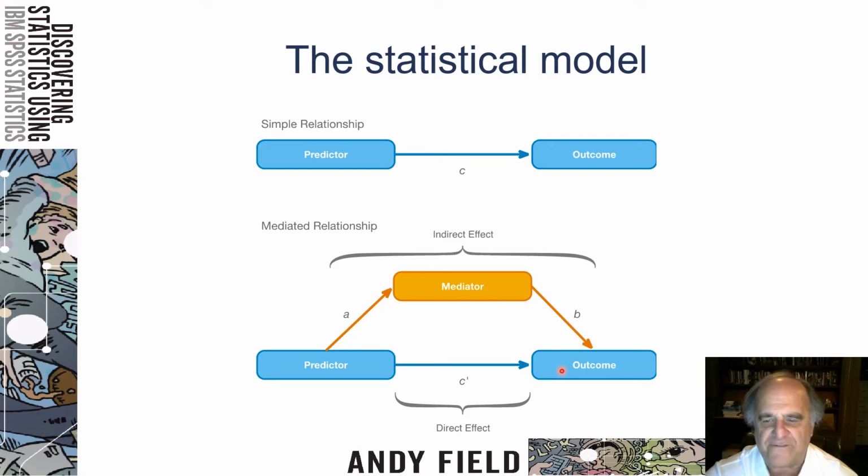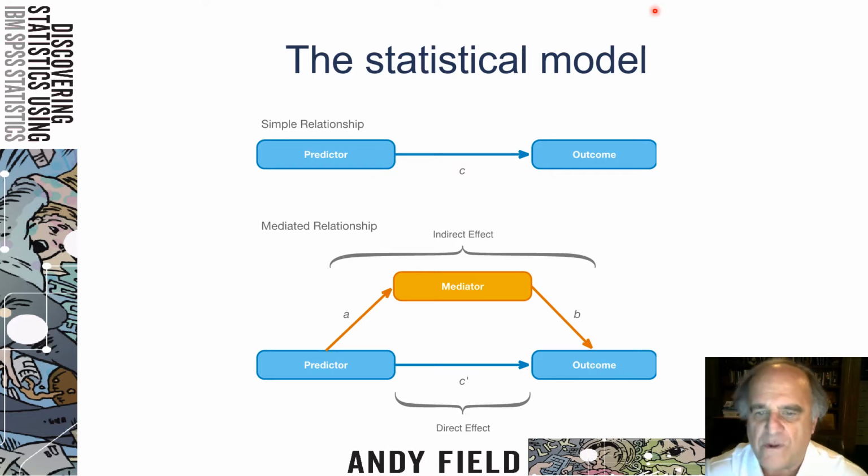And now we have two effects, though. We have an indirect effect and a direct effect. The direct effect we're going to indicate by c prime. The indirect effect is the effect of the predictor to the mediator and the mediator to the outcome. So the indirect effect is predictor to mediator, mediator to outcome. That's the indirect effect. The direct effect is predictor directly to the outcome.